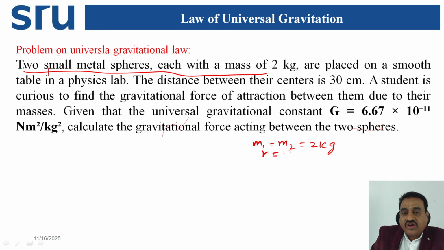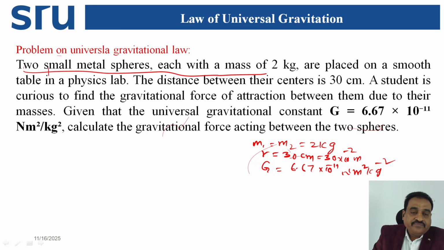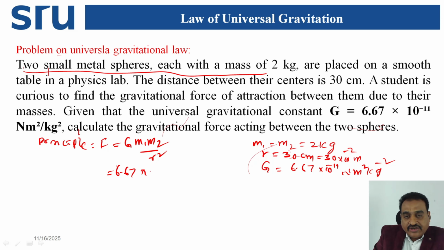What is capital R, the distance between the two masses? 30 centimeters, that is 30 into 10 to the power minus 2 meters, or 0.3 meters. Given G is 6.67 into 10 to the power minus 11 Newton meter square per kg square, and M1 is 2 kg, M2 is 2 kg. Applying all these in the formula, F is equal to G M1 M2 by R square, which is 6.67 into 10 to the power minus 11, into 2 into 2, by 30 into 10 to the power minus 2 whole square.